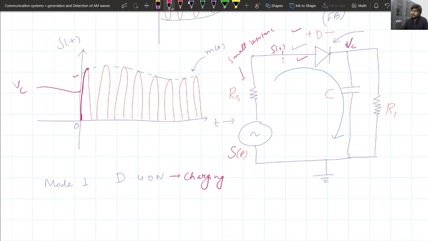It has charged to its peak value. Now when VC goes greater than s(t), that is it has reached its peak value, then the diode will go off. So in mode 2, D is off. Then this circuit will be an open circuit, and the capacitor will start discharging through the resistance RL. Then there will be a discharging period.